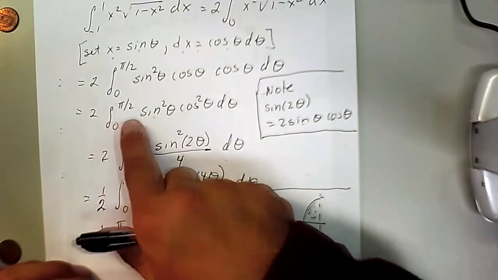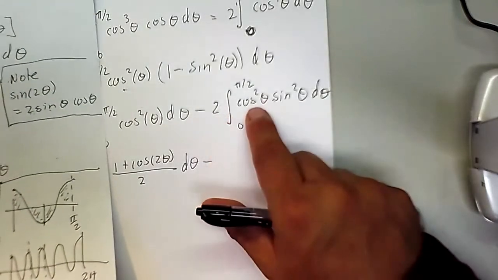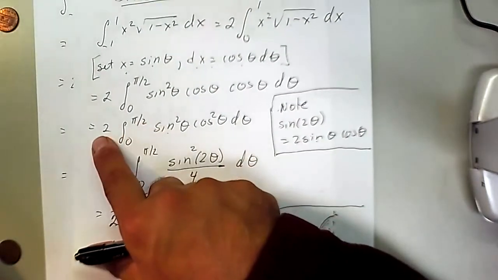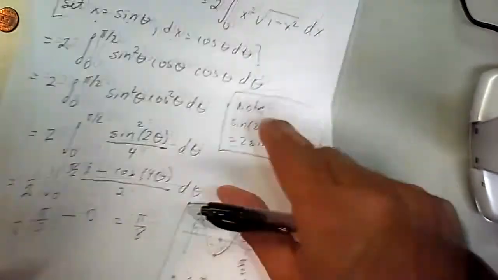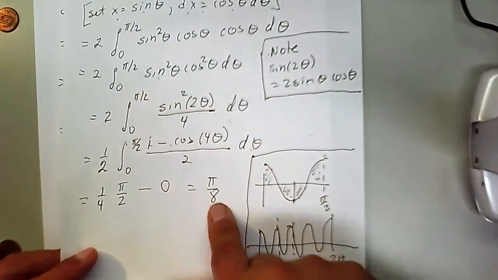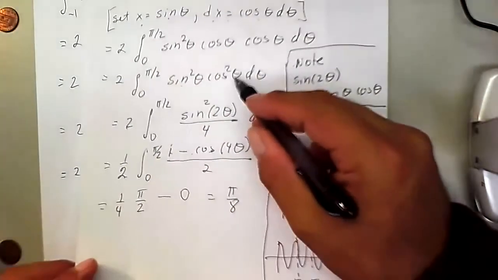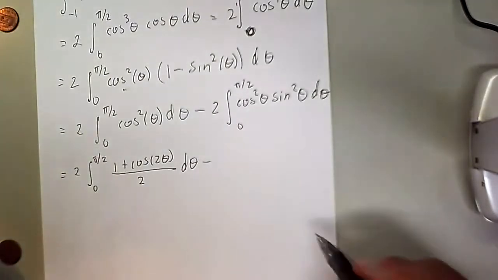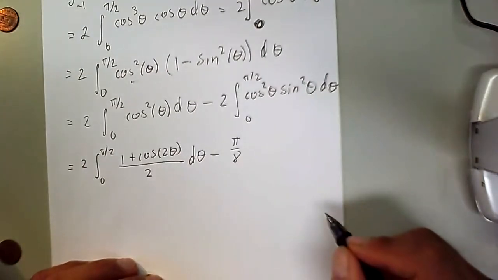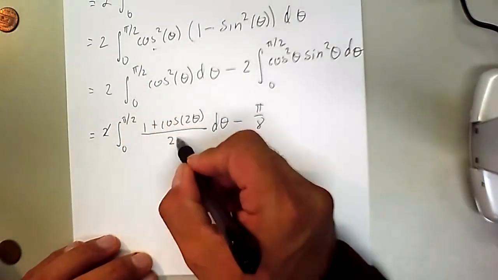There it is, 2 times sine squared cosine squared from 0 to pi over 2. And I have that this, including with the 2, after doing all this work, is pi over 8. So there's no need to redo it because we already did this. So this is going to be minus pi over 8. Okay. This 2 simplifies with that 2.